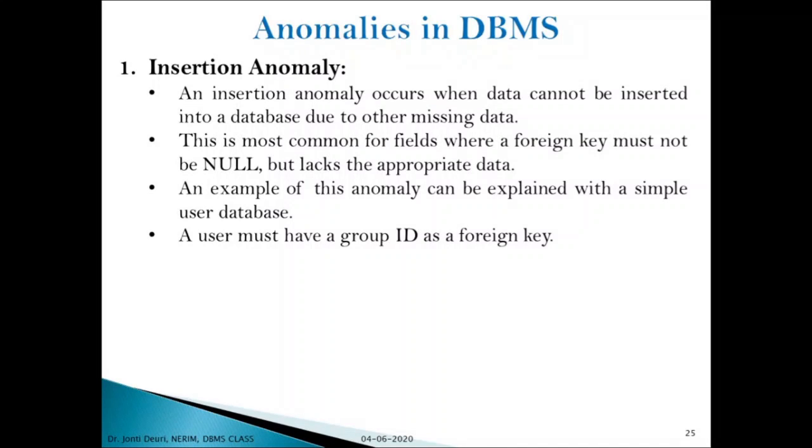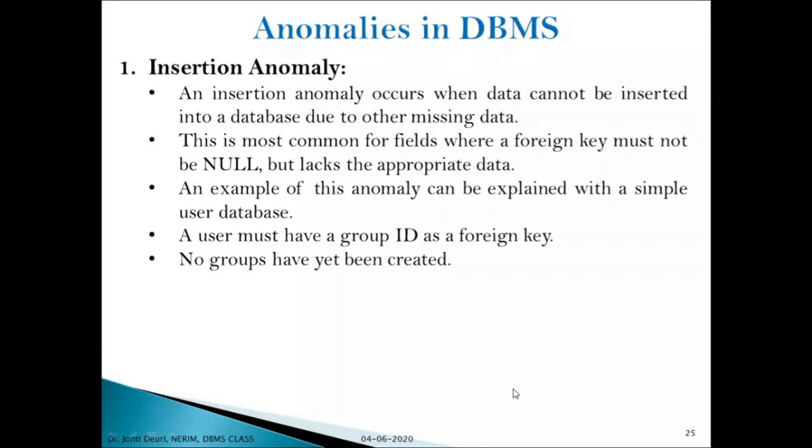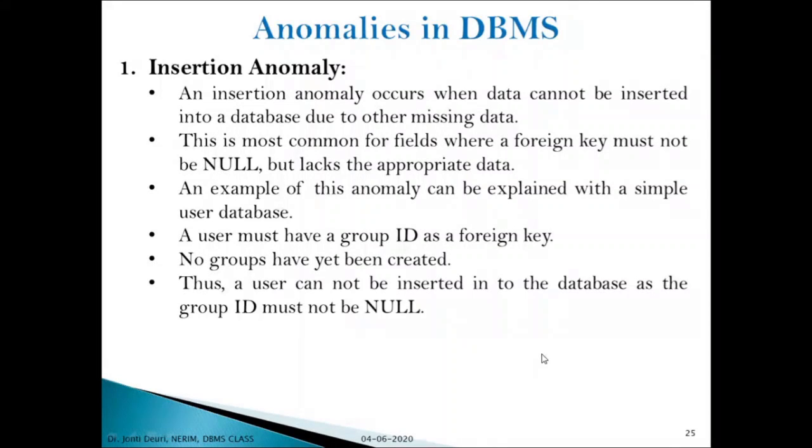It will not allow you if the value is not in the other table. Say in the student table, if the student ID is not there, in the admission table you cannot add the student ID as a foreign key, right? That type of problem is called an insertion anomaly.